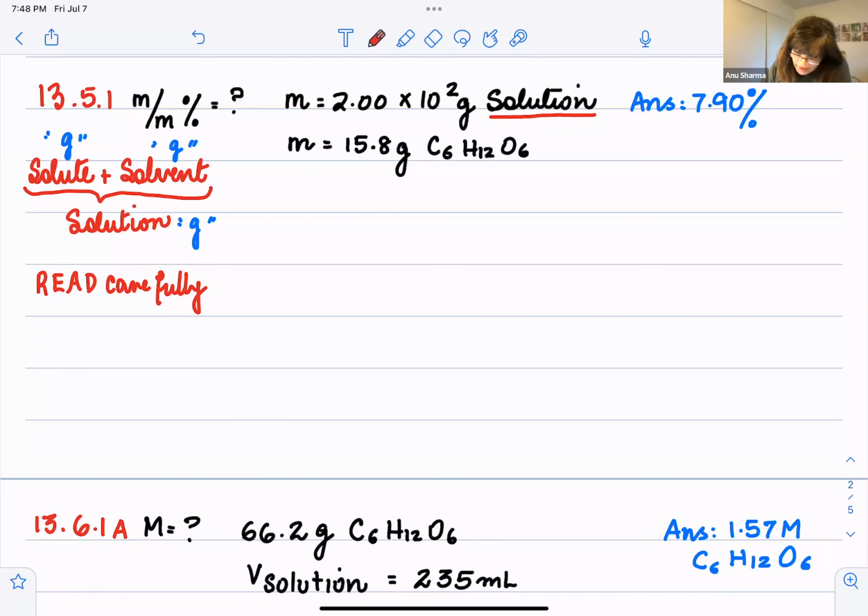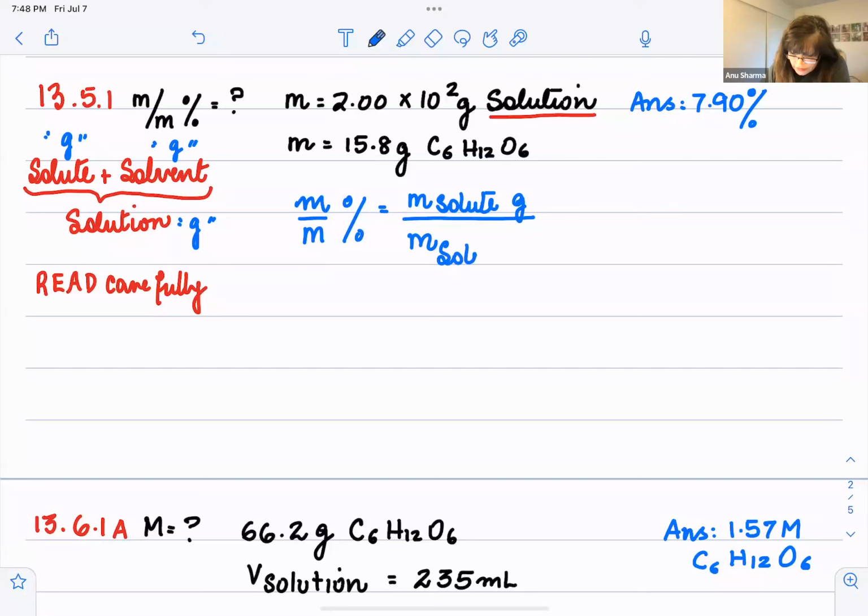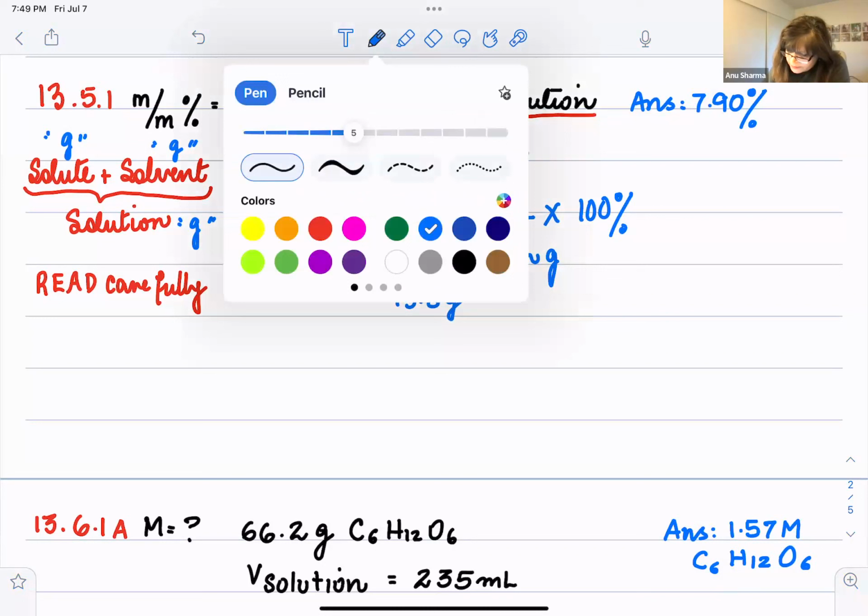Okay, so here we are going to write down the formula for the mass by mass percent. How do you do it? The mass of the solute in grams over the mass of the solution, not the solvent, of the solution in grams, times 100%. Okay, so what do you get here? The mass of the solute is 15.8 grams of some substance.